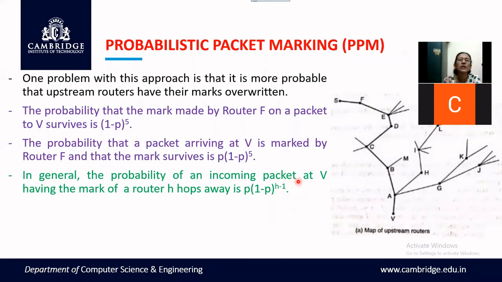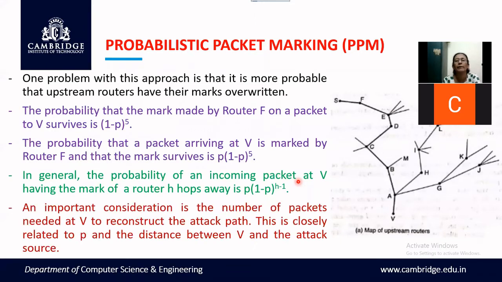So this is about probabilistic packet marking. The important consideration is the number of packets needed at V to reconstruct the attack path. This is closely related to the probability P and the distance between V and the attack source, that is your H.